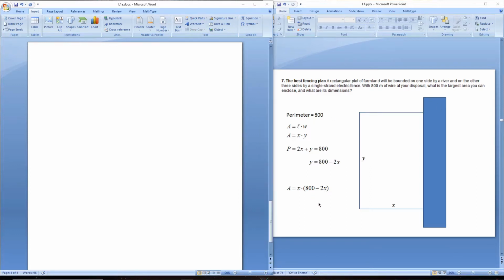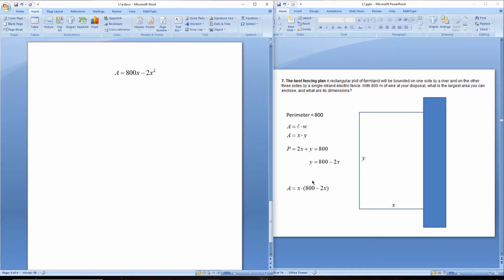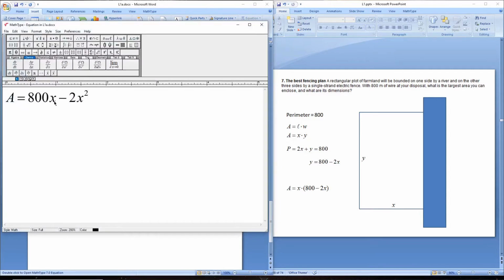So the first thing I would do here is take our polynomial here and distribute it. Because in this form over here, you'd have to do a product rule on it. But if we just distribute the x, we don't have to do the product rule. So just some straight derivative patterns there to get a derivative: 800 minus 4x.